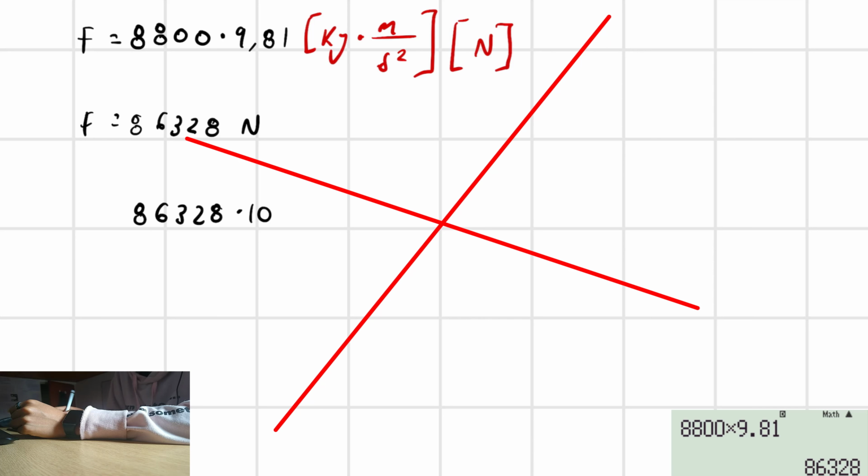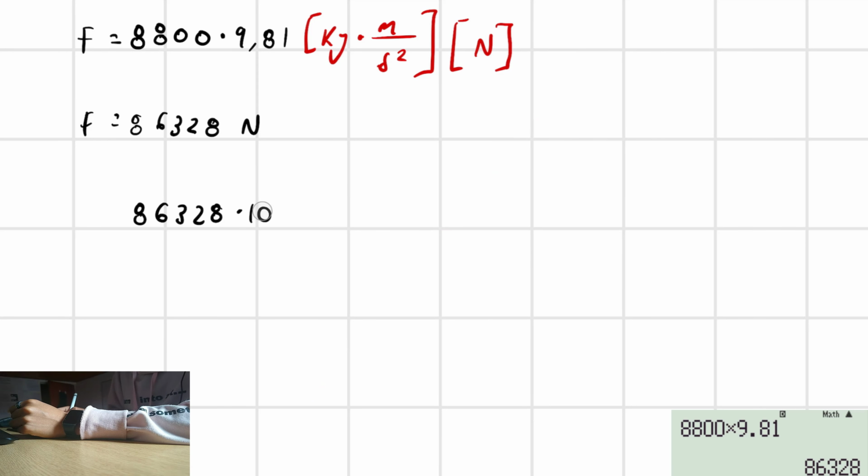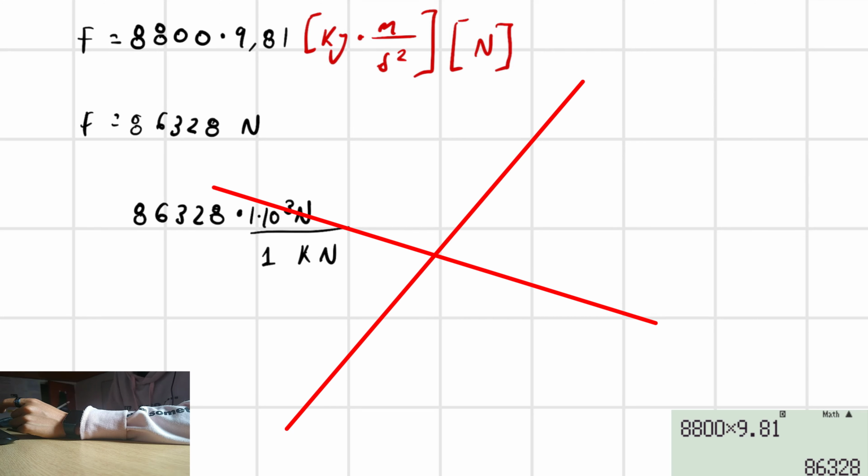I could either transform this by writing down the equivalence. By multiplying this, right here I have newtons. Right here I want to change those into kilonewtons. So I already know that 1 kilonewton is equal to 1 times 10 to the third power newtons, right?